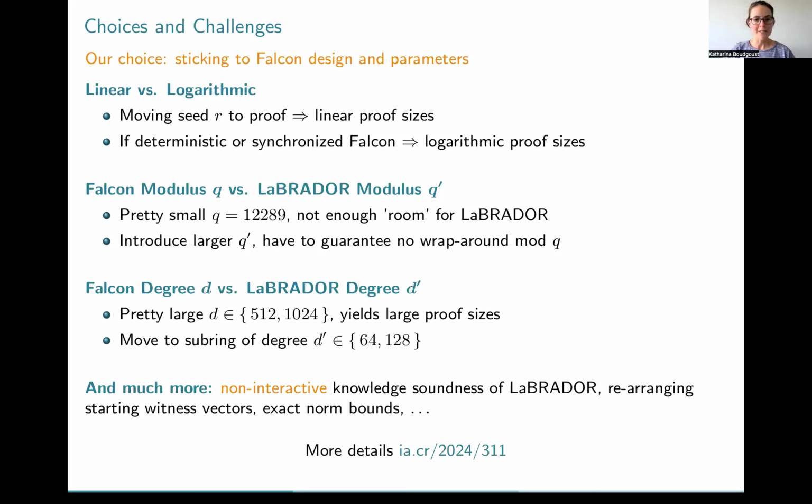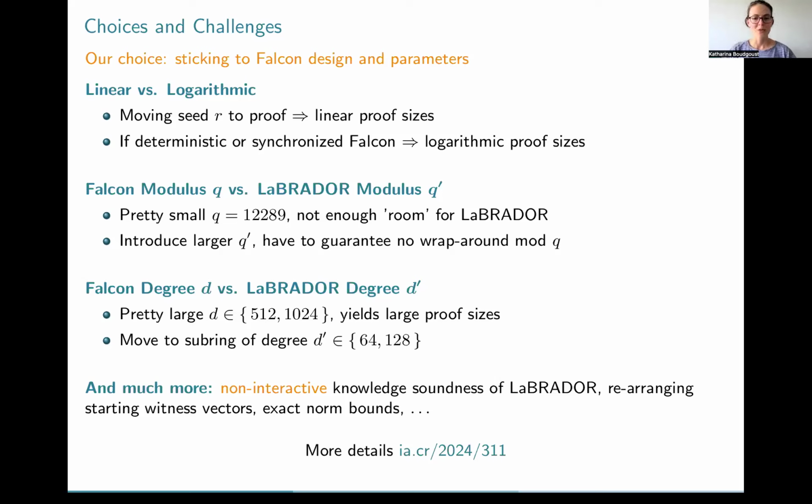The other thing is that Falcon comes with a fixed degree. Depending on your security level, it will either be 512 or 1024. And this is much larger than the original Labrador parameter sets, which were using a degree of 32.